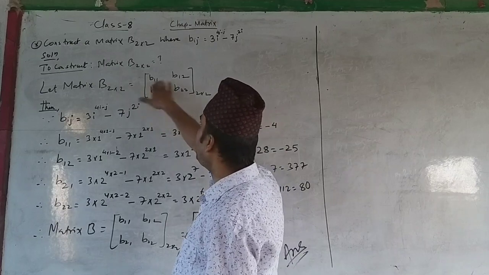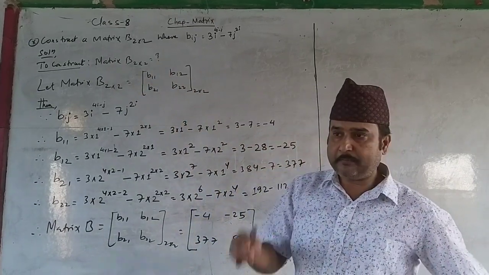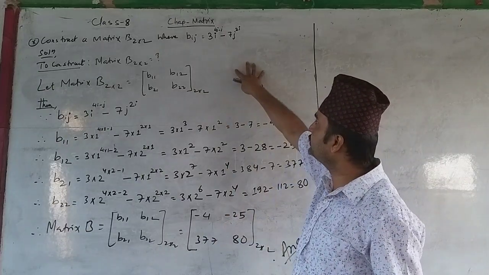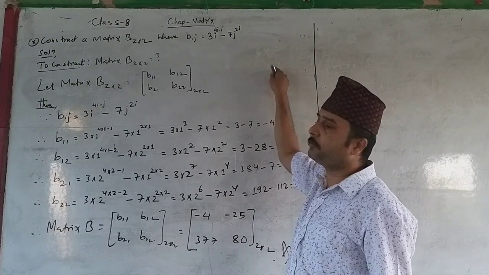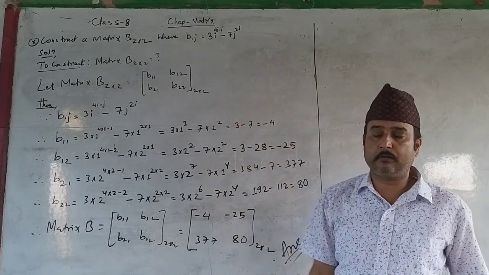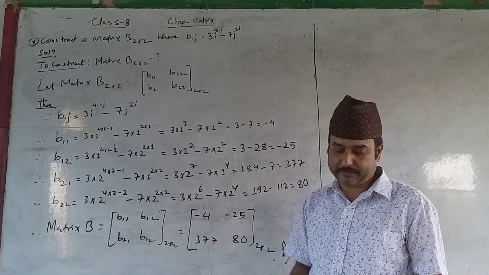Count how many rows and how many columns are there. Number of rows followed by number of columns will give you the order of the matrix.